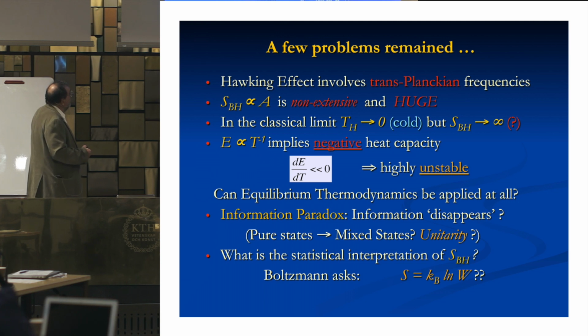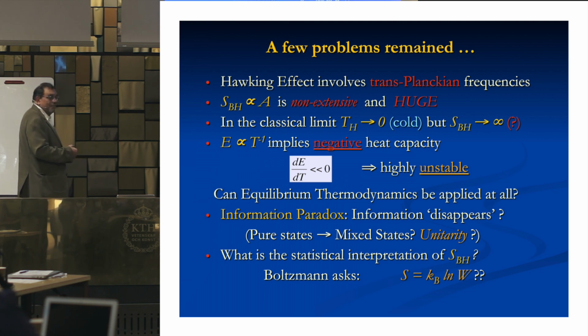So that's one issue. Should you believe the semi-classical approximation, and that applies to particles or quanta of that frequencies on a fixed background? Second thing, which we've talked about for 40 years essentially, is this area formula is fascinating, but it's also very peculiar. If you talk to other physicists in other fields, like chemists or condensed matter physicists, and tell them you have this formula that the entropy is proportional to the area, that looks very puzzling, because usually entropy is proportional to the volume, an extensive quantity, not the area, and usually it's proportional to the number of degrees of freedom that you've put into the system.